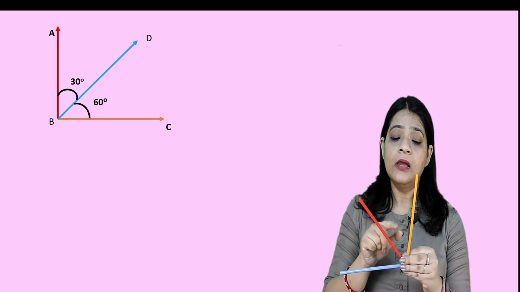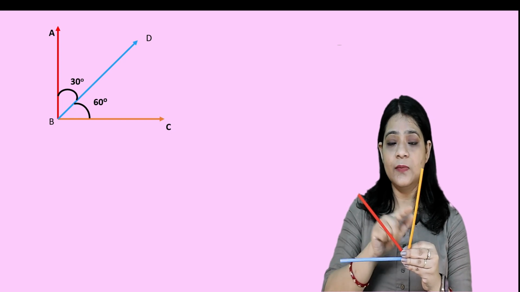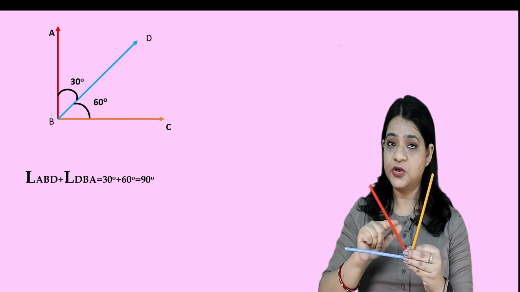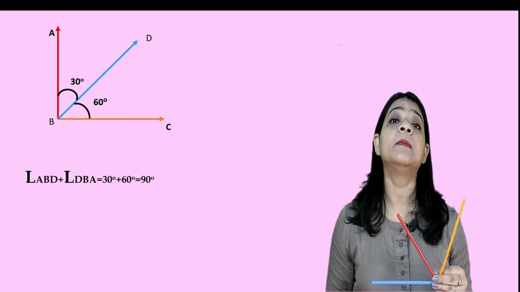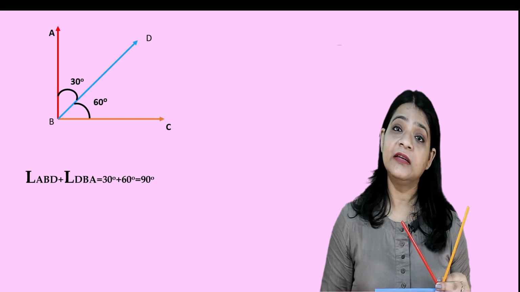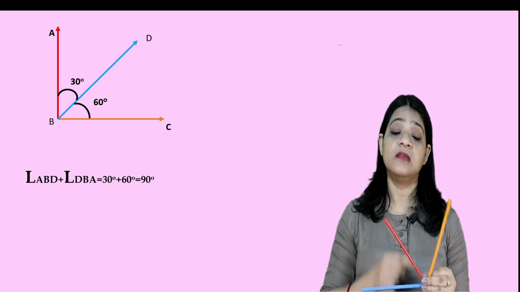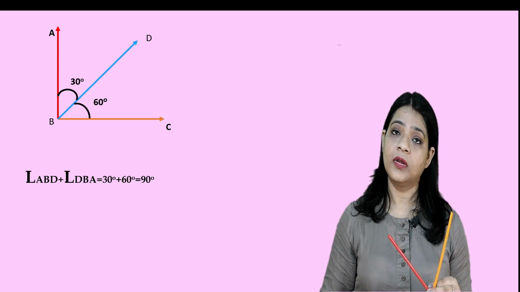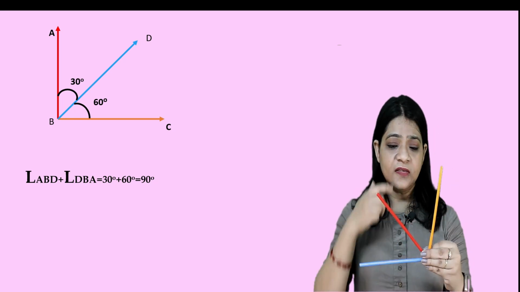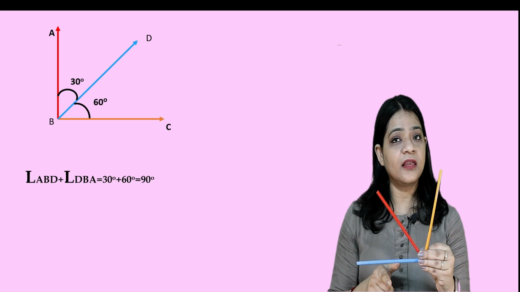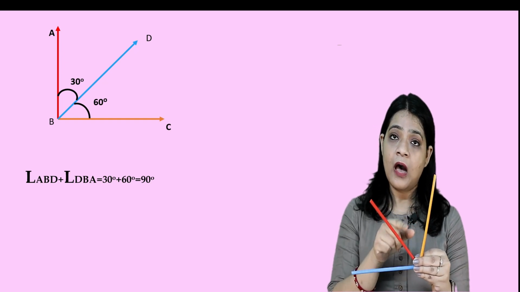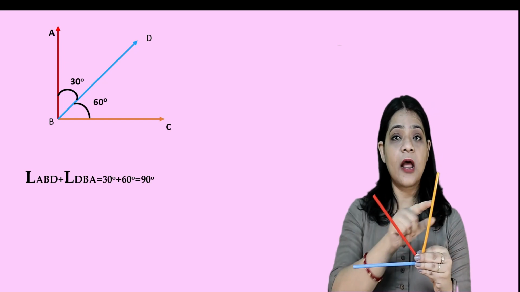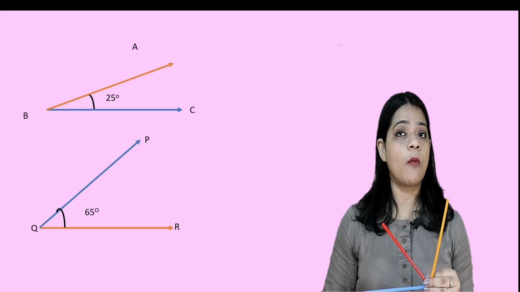If this angle measures 60 degrees and this angle measures 30 degrees, 30 plus 60 is 90 degrees. So these two angles are called complementary angles. These two are also adjacent angles because they have a common arm, a common vertex, and the non-common arms are on the opposite sides of the common arm.